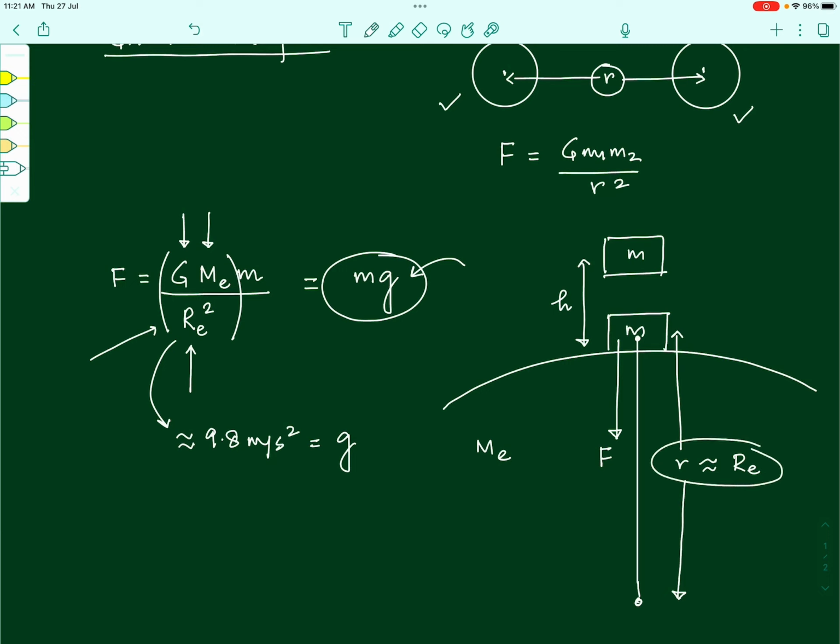Do we understand? In that case also, the force between the body and the earth will still remain the same, because the distance between the body and the earth's center will not appreciably change, isn't it? So in this case also, the gravitational force on the body and hence the acceleration due to gravity g remain the same. It does not appreciably change. So the force of gravity will still remain mg.